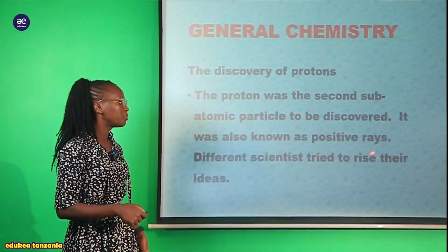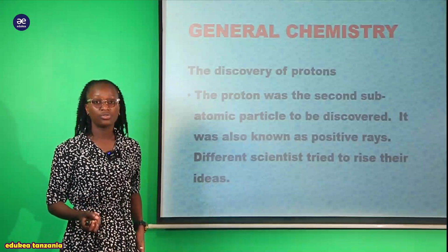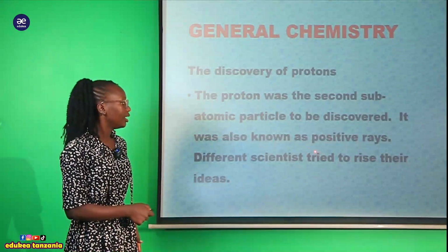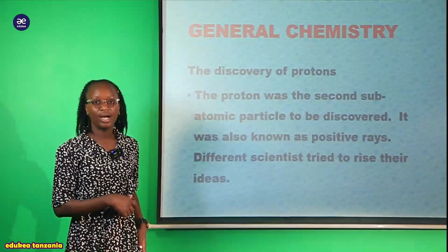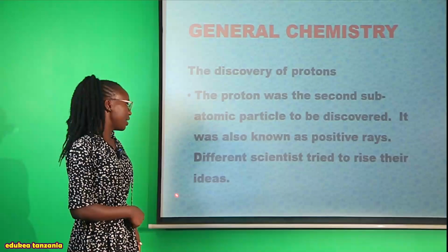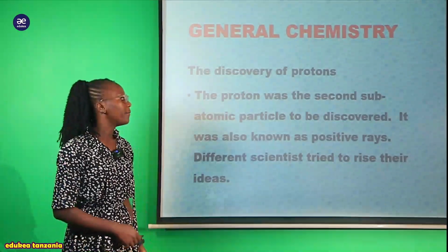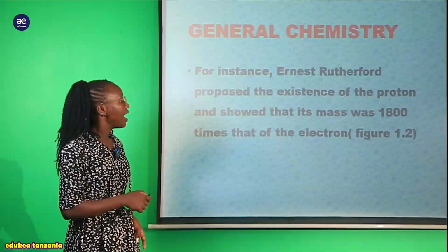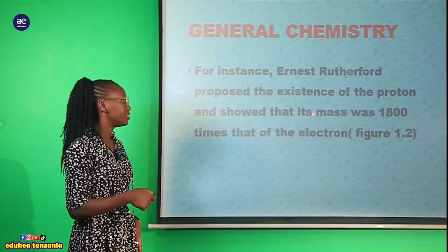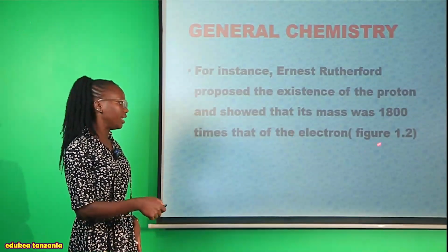It was also known as positive ray, yani ni positively charged particle. So different scientists tried to write their idea kama kawaida, but finally Ernest Rutherford proposed the existence of the protons and showed that the mass was 1800 times that of the electron.